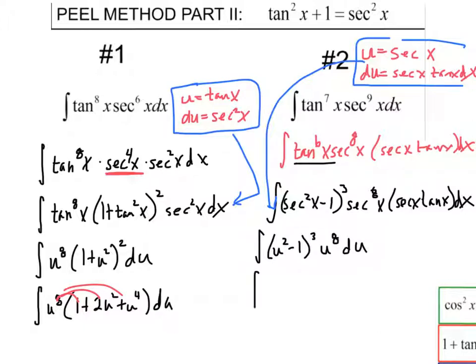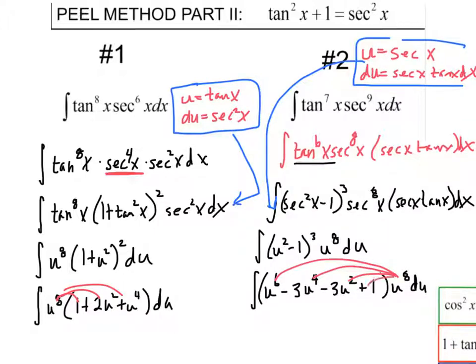And I'd actually have to cube that out, be u to the sixth minus 3u to the fourth minus 3u squared plus 1, all times u to the eighth. And again, I'd multiply that into every term, and then I'd do power rule. So the two methods here: if there are even powers, peel off a secant squared. If there are odd powers, peel off a tangent and a secant.